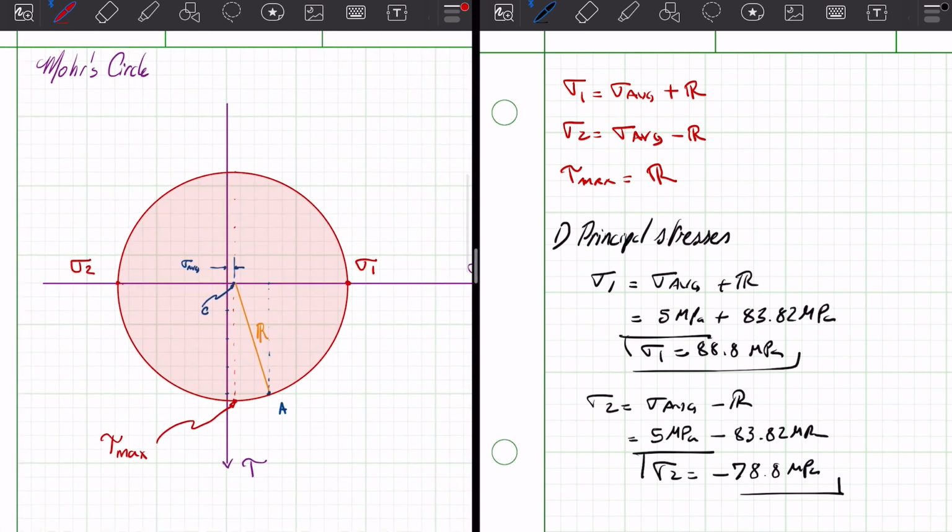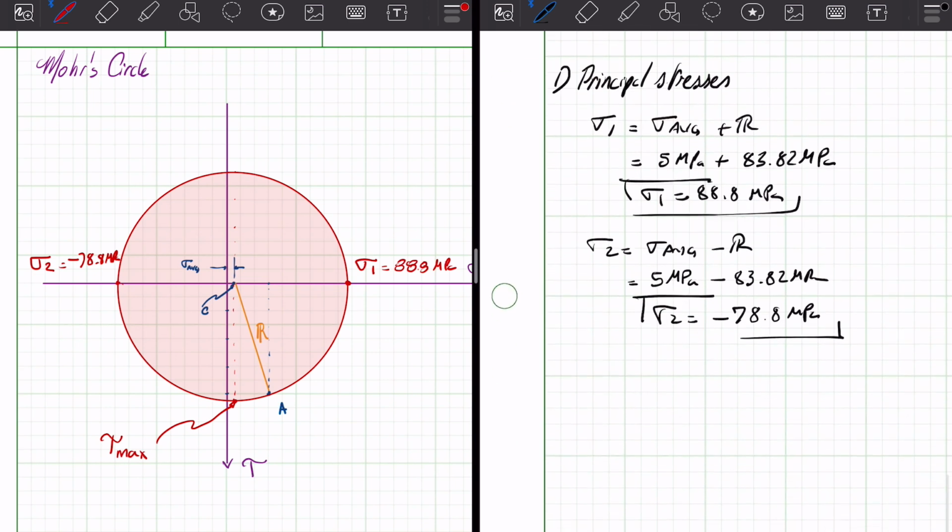And if we want to identify these numbers on the circle, remember this sigma 1 then becomes 88.8 megapascals, and sigma 2 then becomes minus 78.8 megapascals.